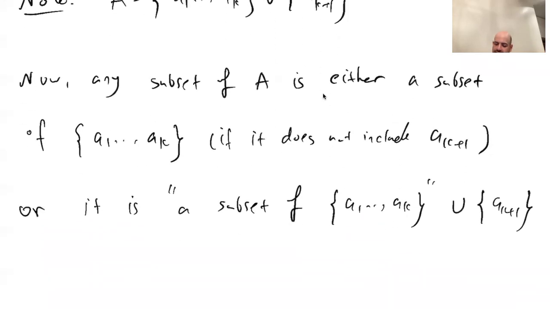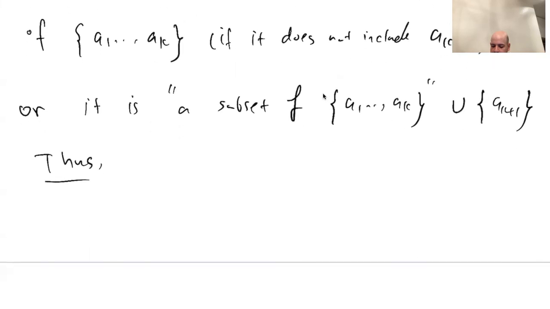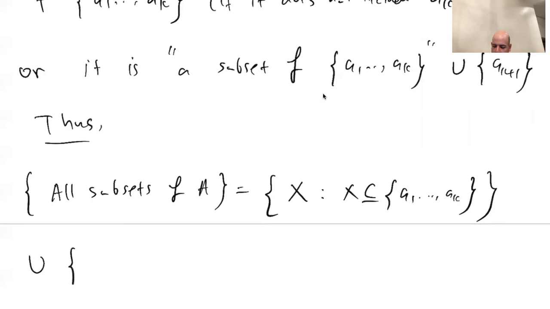So what can I say about the set of all subsets of A? The set of all subsets of A will be the set of all subsets, let's say X, such that X is a subset of A1 to Ak, union all subsets of the form X union A(k+1), where again X is a subset of A1 to Ak.